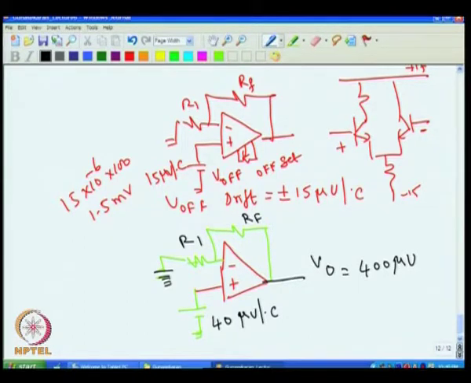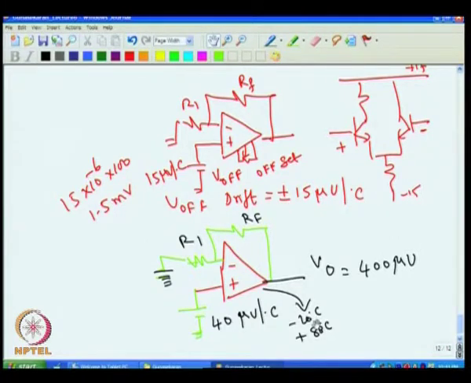But then assume that this op amp is at minus 20 degree C. Now if this goes to plus 80 degree C, which happens for industrial grade equipment, then the total temperature change is 100 degree.